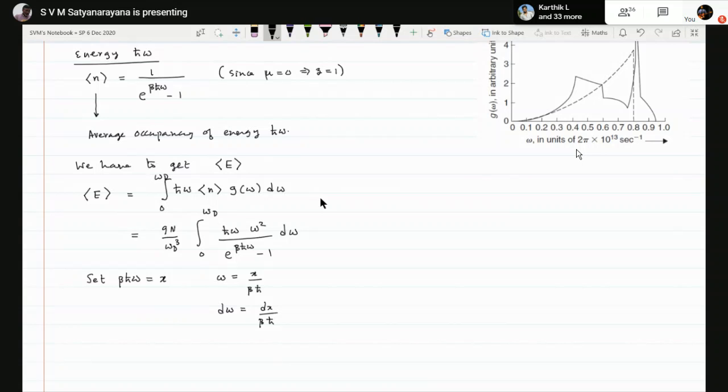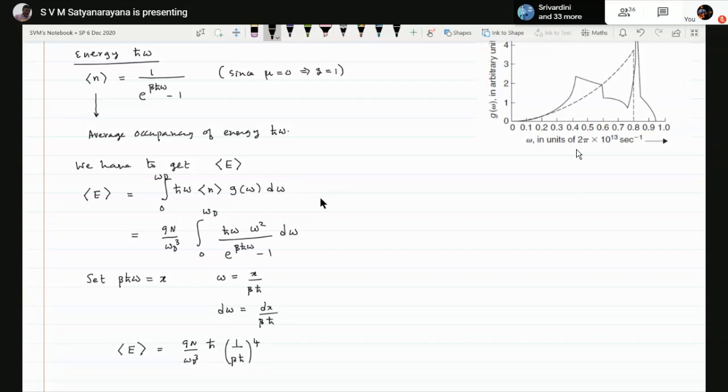If I use this, then I can write this average energy as 9n divided by omega d cube, into, I can pull out an h cross, and then this is omega cube, and there is a d omega. So that means I have 1 by beta h cross whole to the power 4, because 1 by beta h cross from here, 1 by beta h cross square from here, and 1 by beta h cross from here.